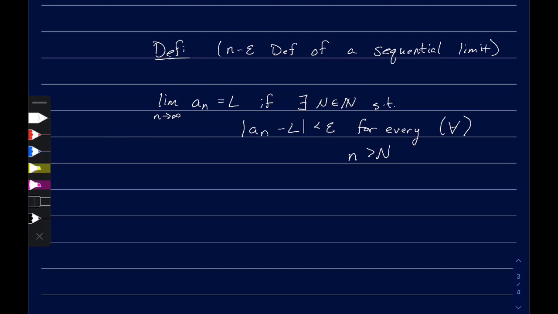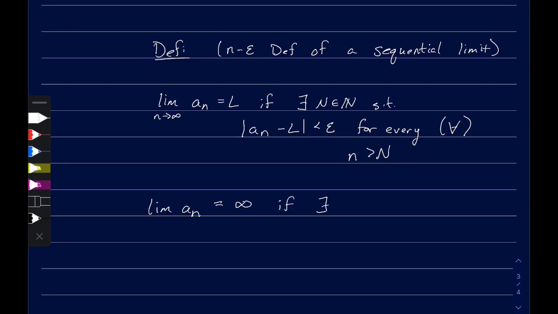And since all of our limits for sequences take place at infinity, we're just going to write the limit of a_n instead of the limit as n approaches infinity. We will, if necessary, if things are unclear, but for the most part, we're just going to write the limit of a_n.